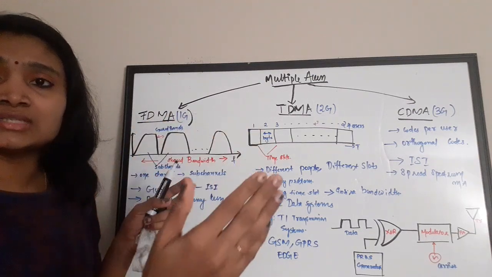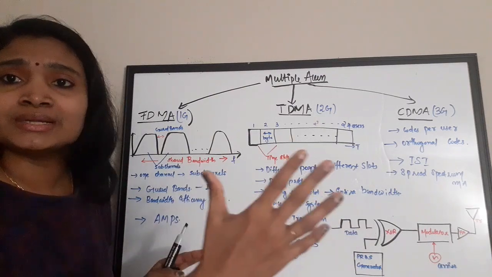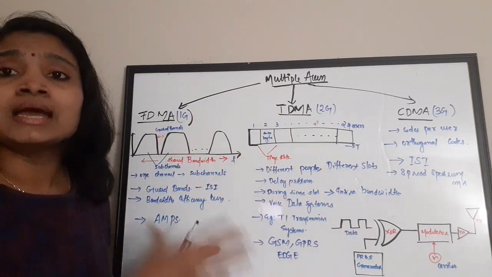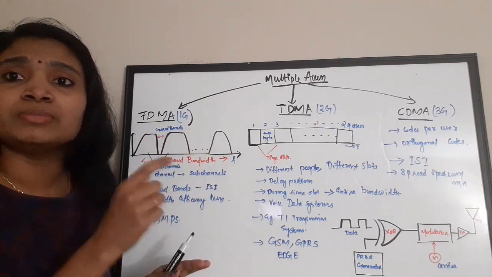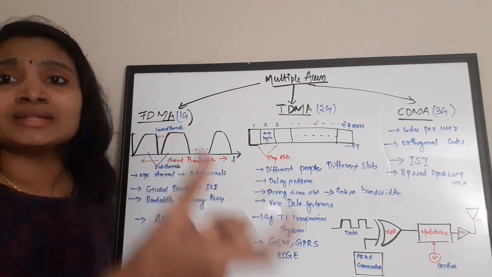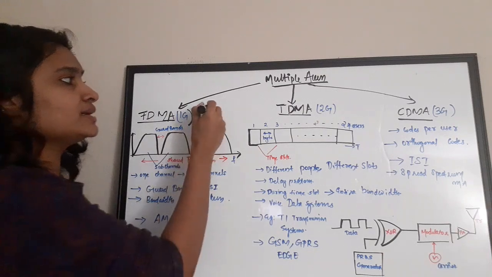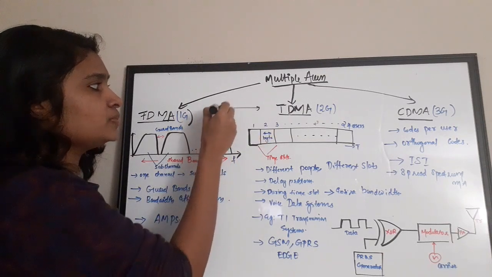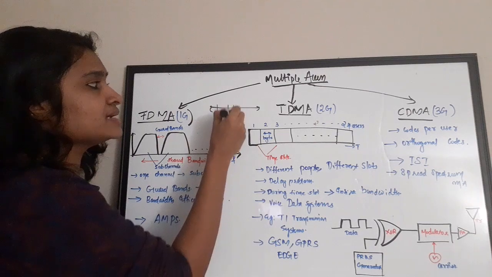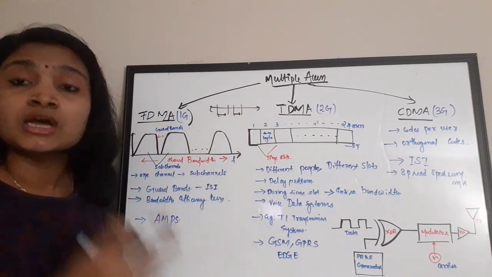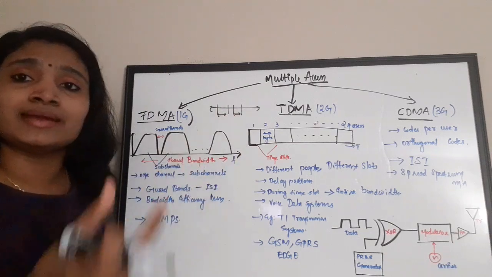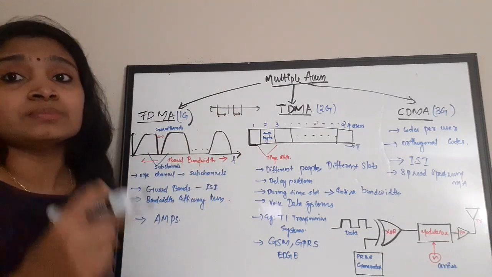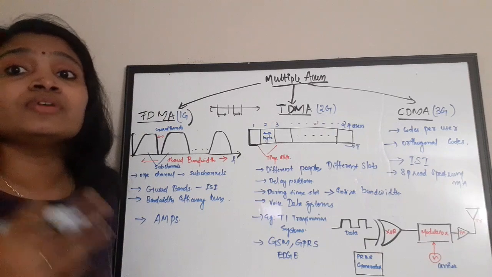A particular bandwidth is allotted for every channel, and this entire bandwidth is divided into sub bands or sub frequencies. Each frequency range, or sub channel, is allocated to various users.